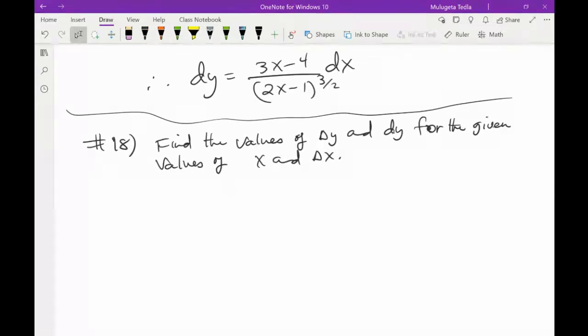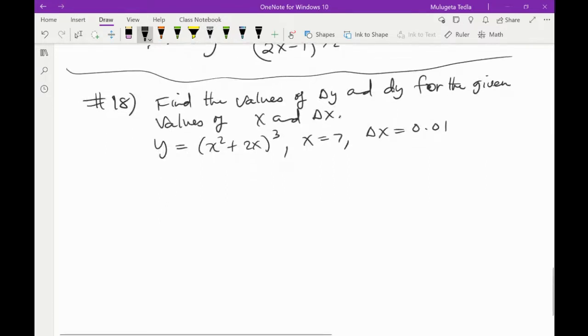So that's our interest in this section. Number 18, they say y equals x squared plus 2x cubed, x equal to 7, and delta x equal to 0.01. So I think this is about finding delta y as a number, dy as a number, and comparing.